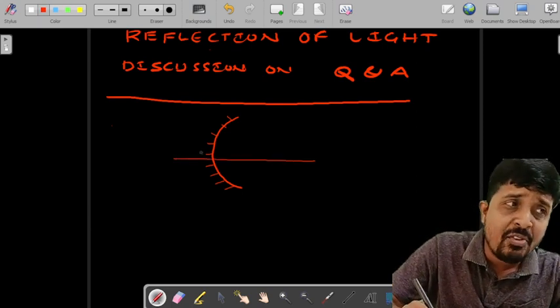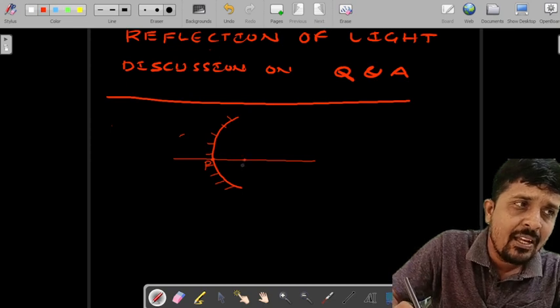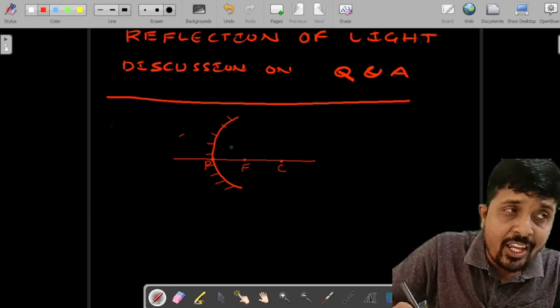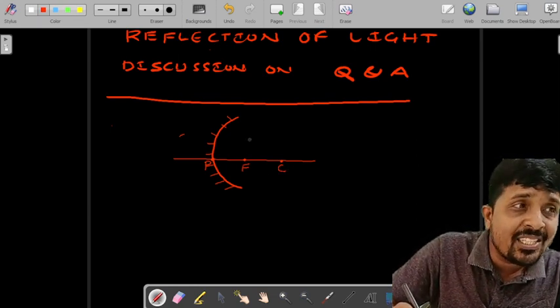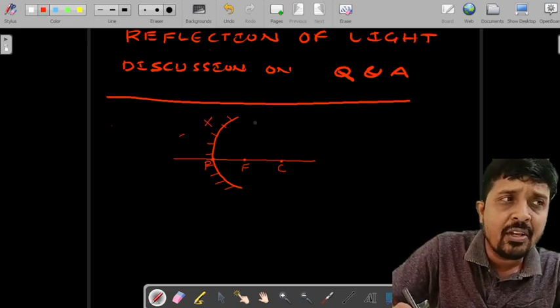Could you please tell me what type of mirror this is? It is a concave mirror. This is P, this is F, and this is C. For the concave mirror, on which side do you place the object? This portion I can't use because that is silvered.